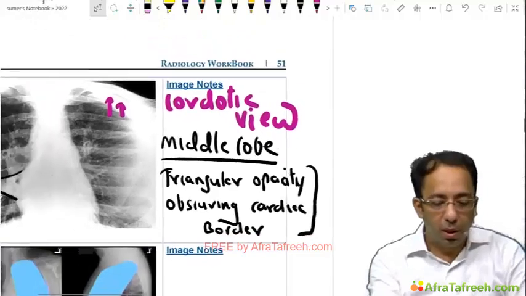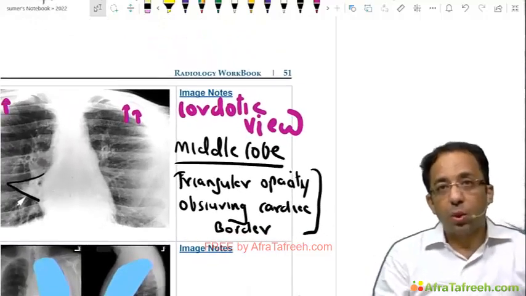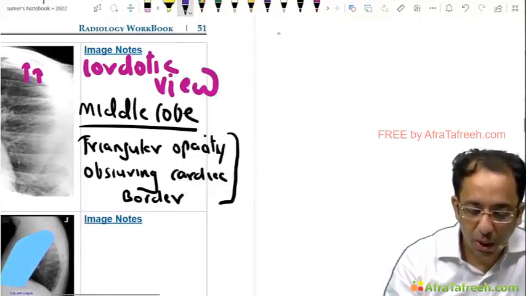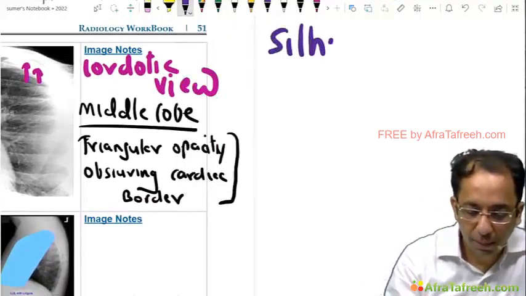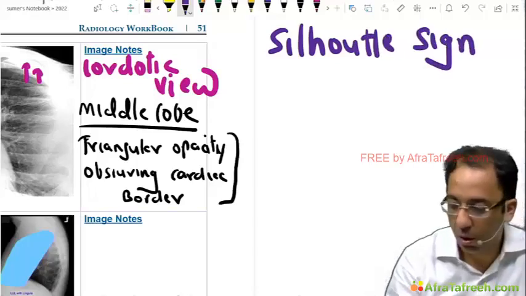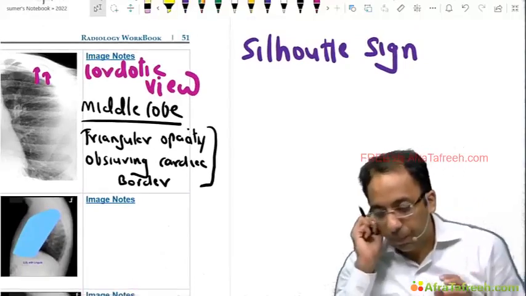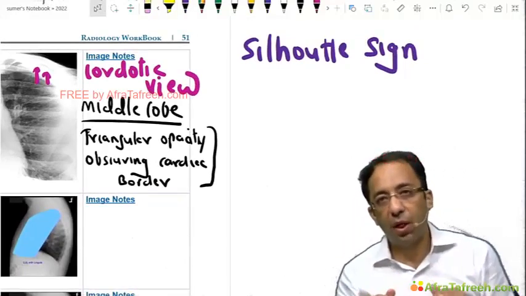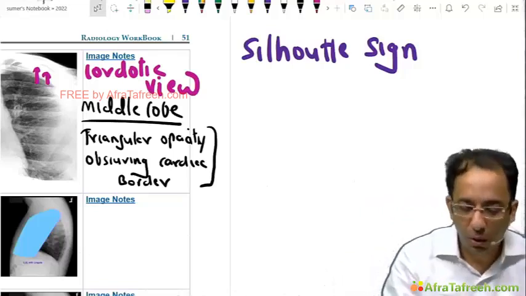To answer this question, we need to know a sign in radiology which is called the silhouette sign. Have you heard of this before? I will write it down and explain it to you. First we will write down and then we will understand. Just one line to write down.